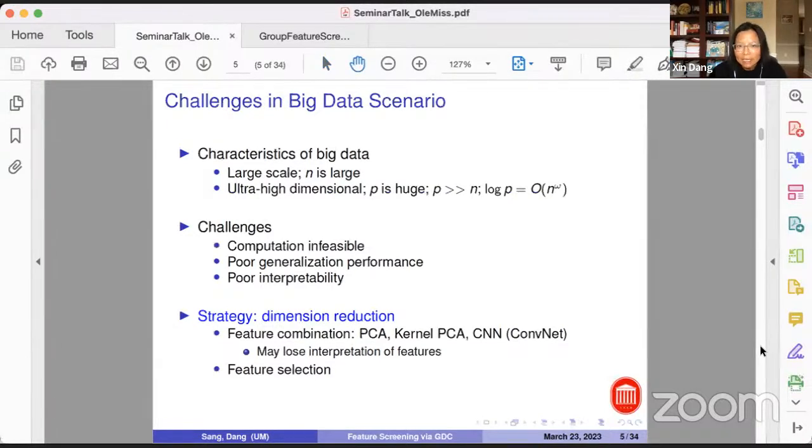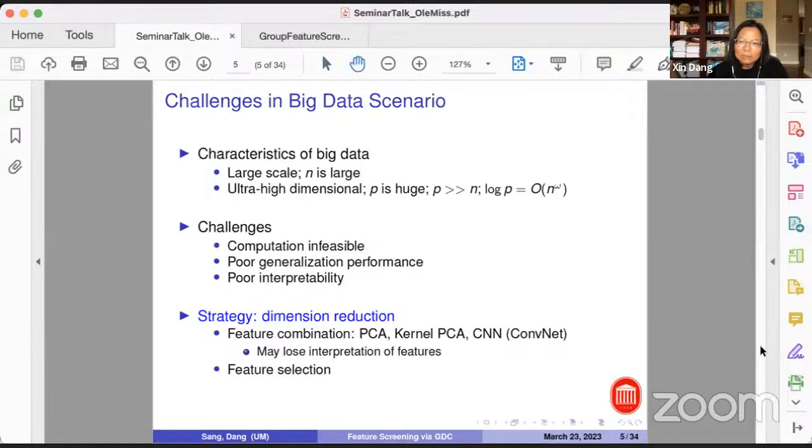PCA, principal component analysis, is a linear combination of your features. You just use a few principal components to do this dimension reduction. Kernel PCA is a nonlinear combination of your features.